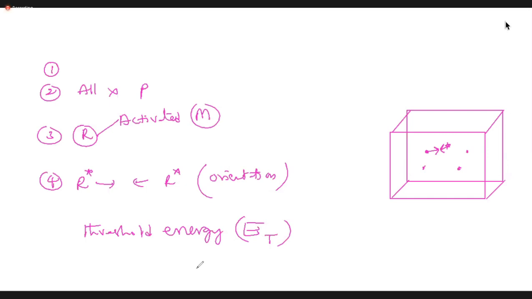Number one, for a chemical reaction to take place, reactant molecules should undergo collisions.